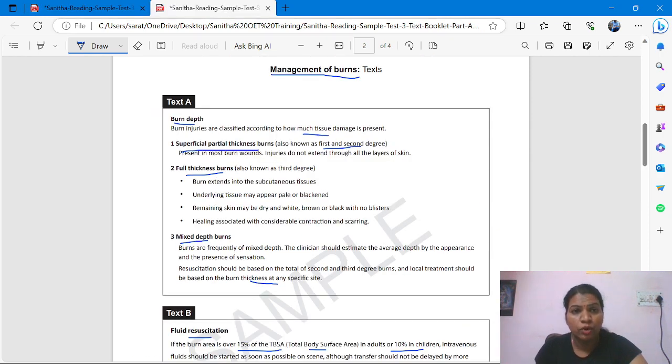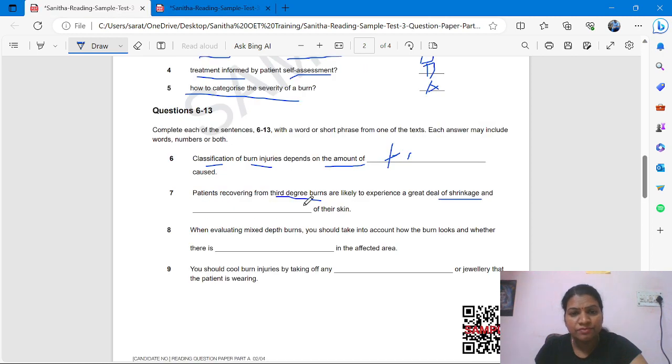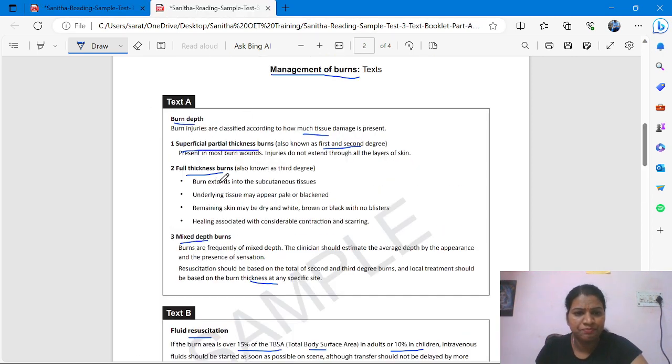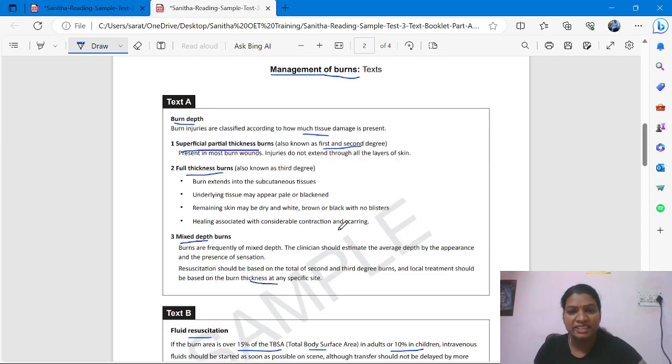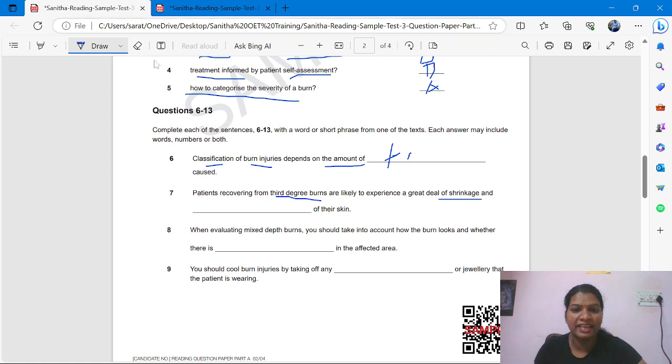Full thickness burns, also known as third degree burns, show no blisters. Healing is associated with considerable contraction. Contraction means shrinkage. Shrinkage and scarring. You have to write scarring here.